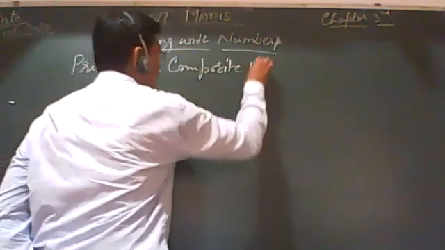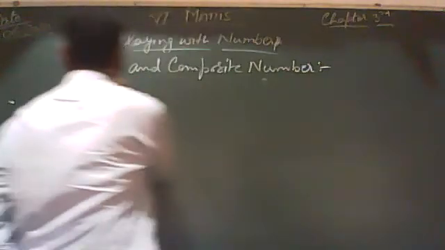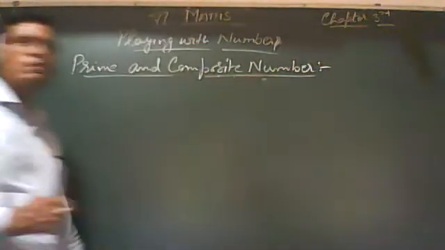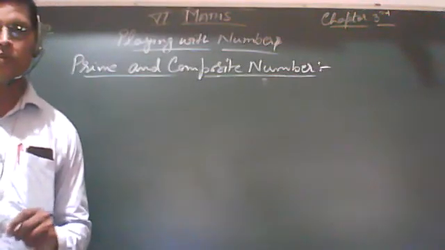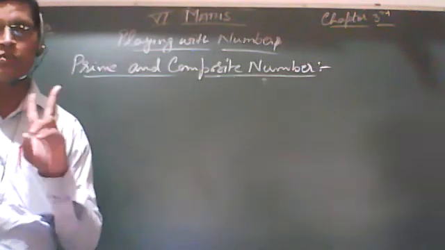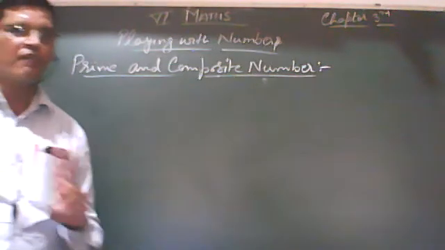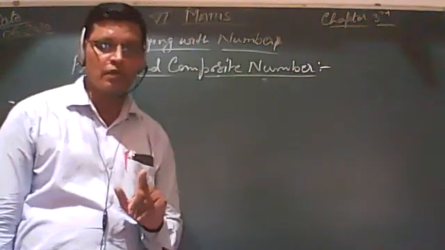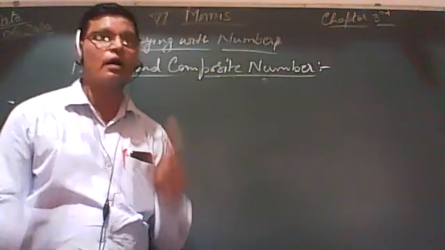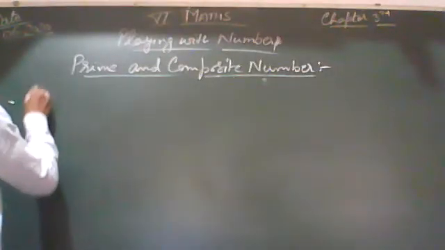Prime number: those numbers having only two factors. One factor is 1, and the other factor is the number itself, and they are called prime numbers. Once again, I will write this definition.